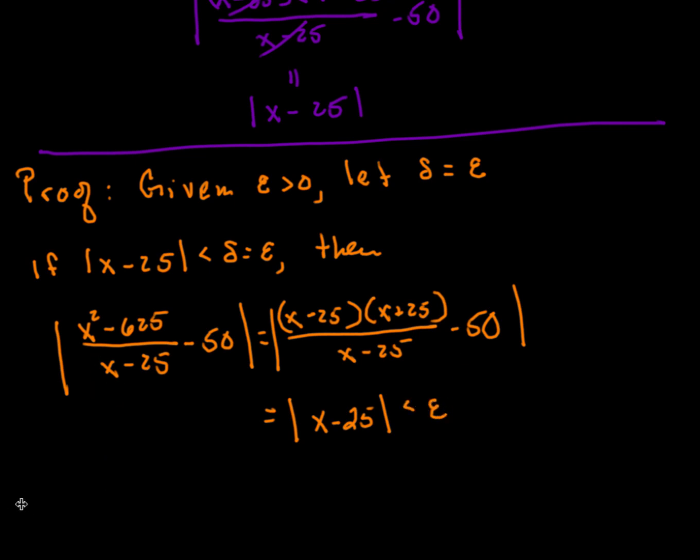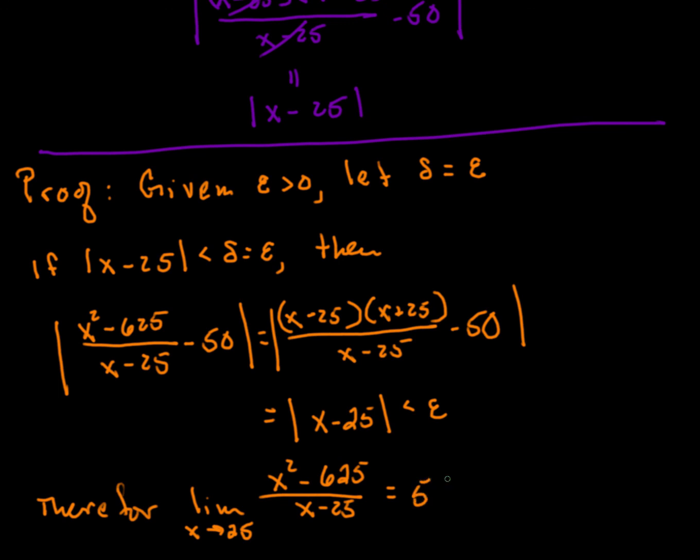Therefore, the limit as x approaches 25 of (x² − 625)/(x − 25) is equal to 50.